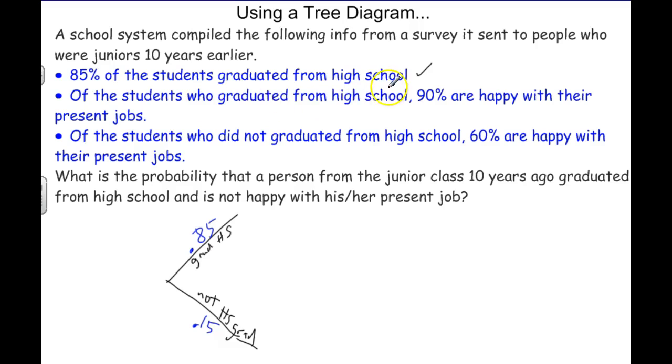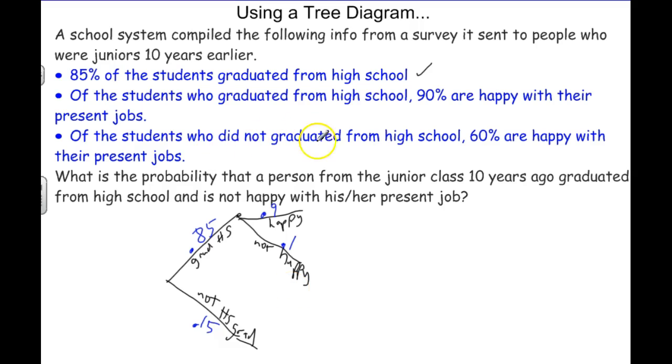Okay, of the students who graduated, so let's talk about these folks, 90% are happy. So now there are 2 branches that go off of this. These are happy folks. In fact, it says that 90% is very encouraging. 90% or 0.9 of people who graduate high school are happy. And not happy, well, that's not very good for those folks. Since that's 90%, this would have to be the other 10%, so 0.1 as a decimal.